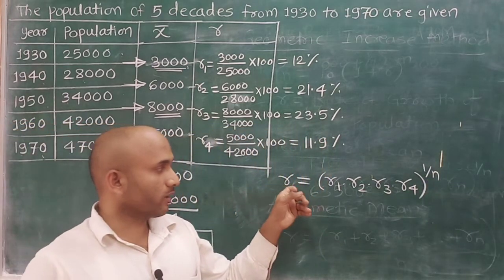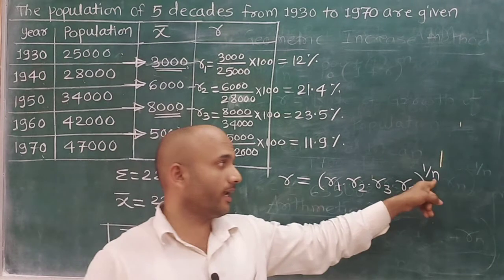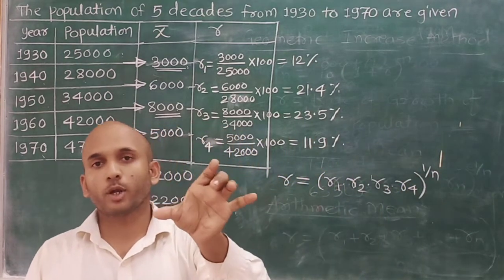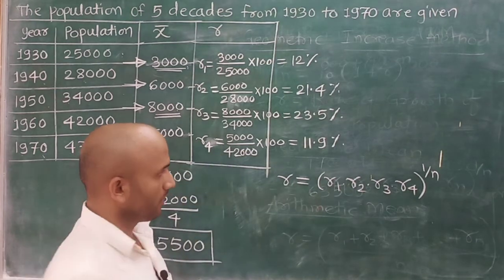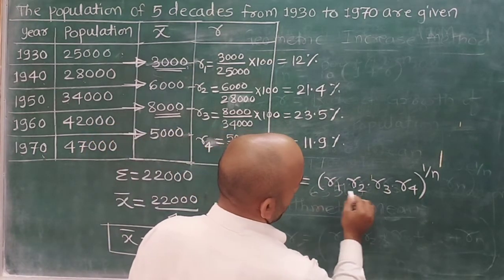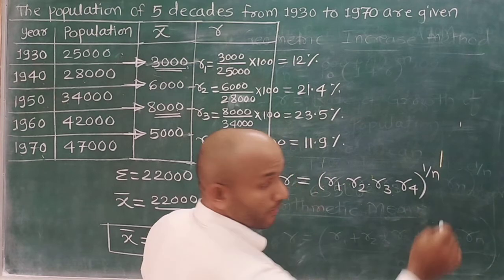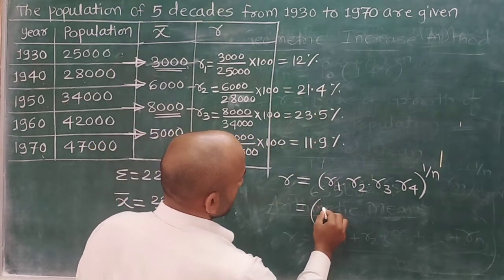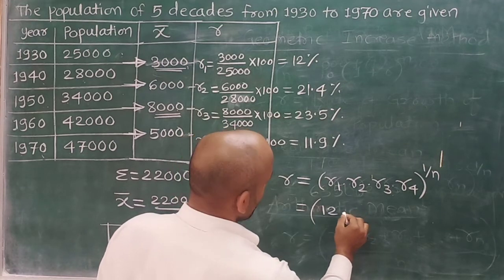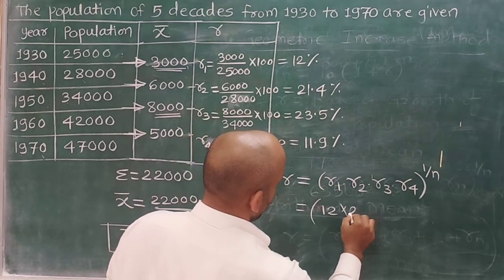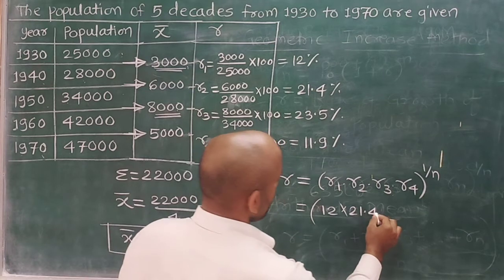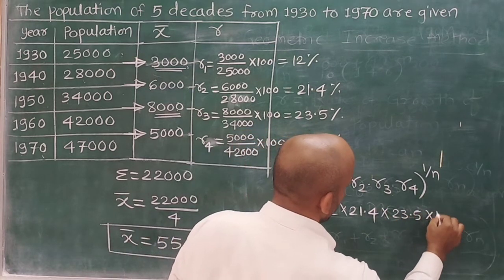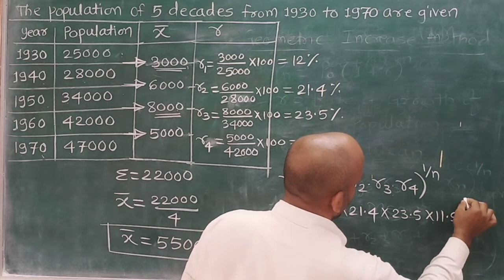Here while calculating R, this n is not the number of decades. This n is the number of terms, number of values. So R1, R2, R3, R4, there are 4 terms. So n will be equal to 4. So this will be equal to R1, that is 12 into 21.4 into 23.45 into 11.9 raised to power 1 by 4.